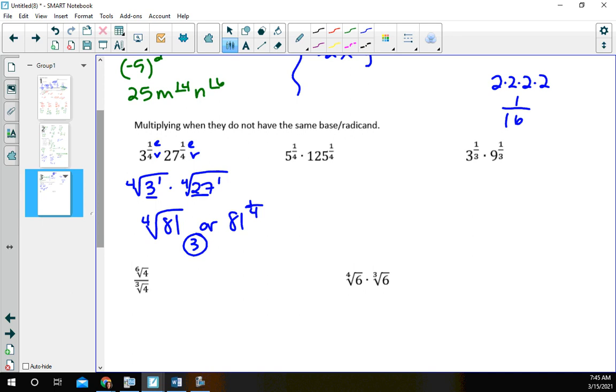Okay, so my next one here, if I convert it, exponent radical, so we've got 4th root of 5 times the 4th root of 125. Okay, so 125 times 5, you're doing the 4th root of 625.